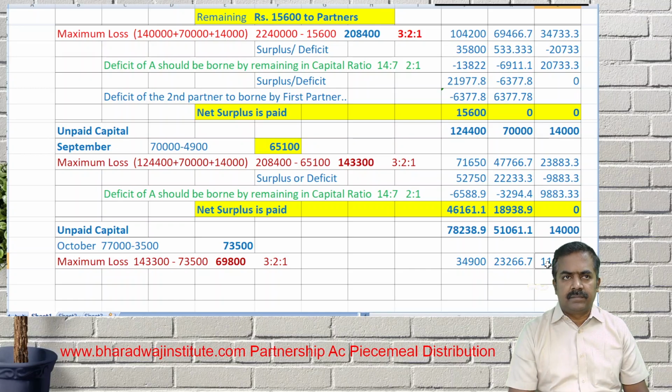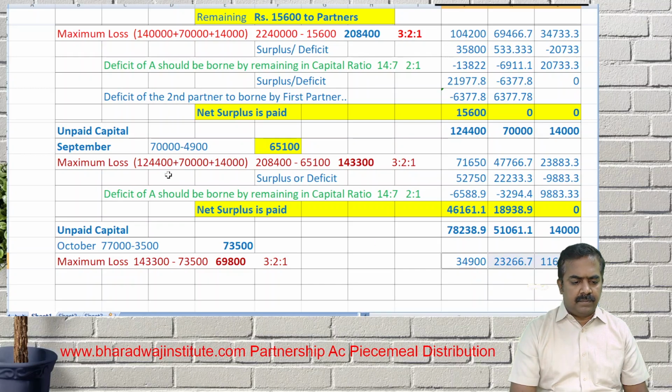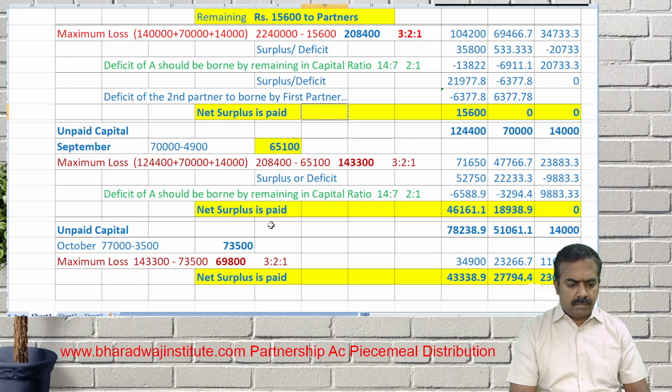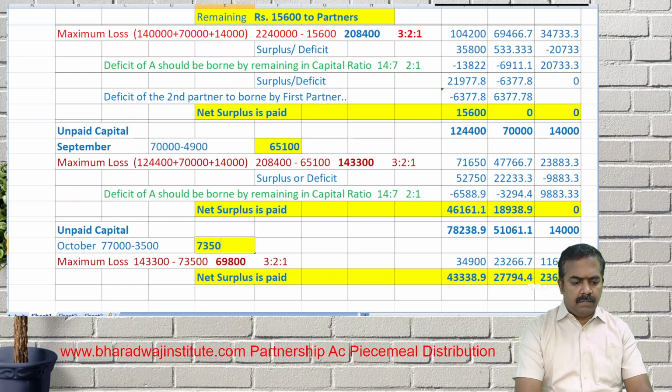Distribute 69,800 in this ratio. Everybody will have a surplus, and it will be paid. If you add up all these three amounts, it should come to 73,500.